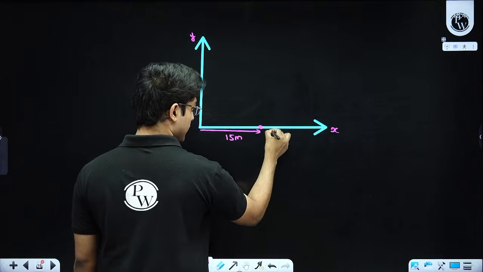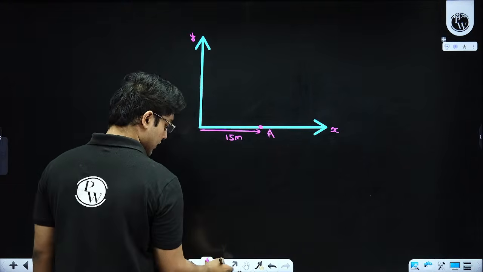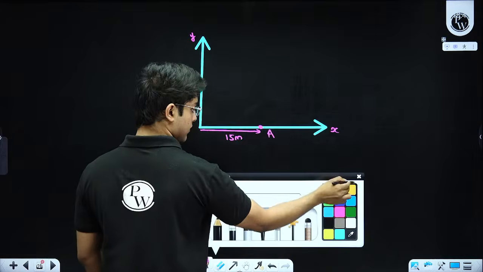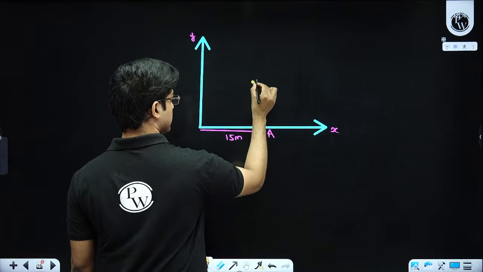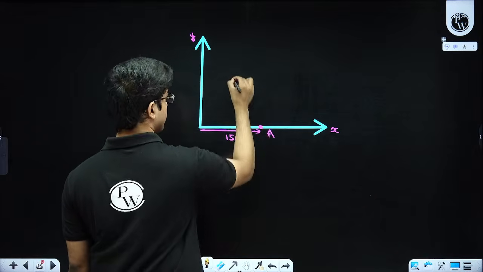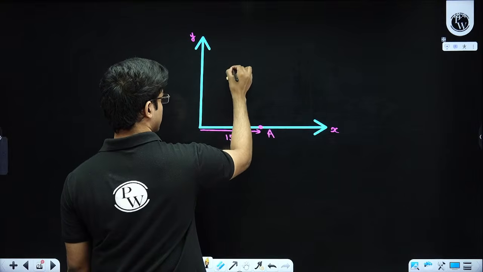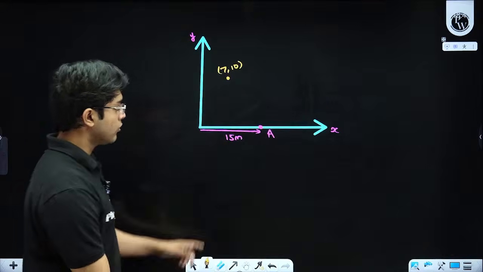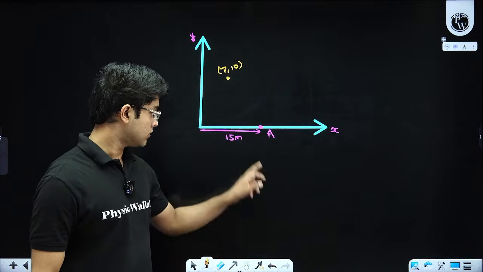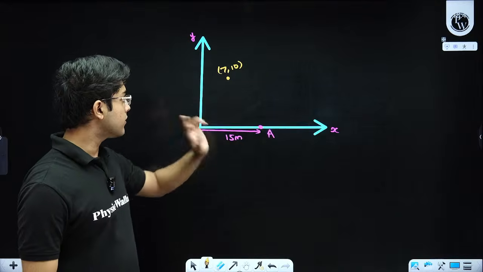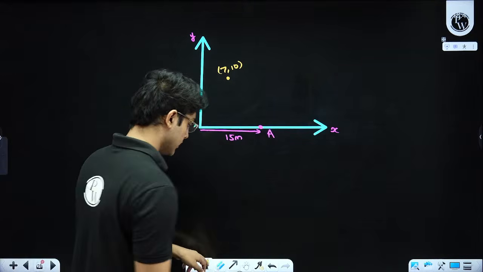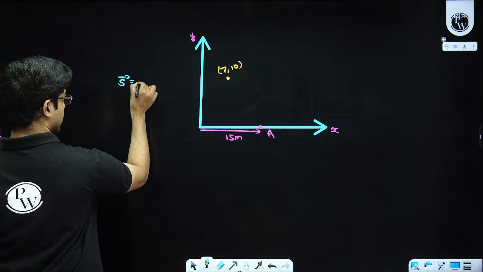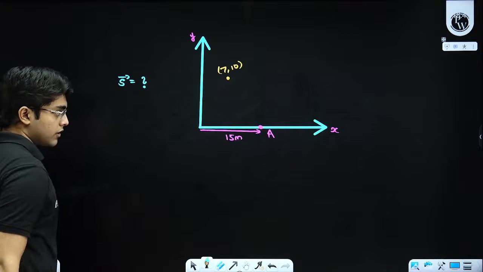This is the initial point A, and then it moved to another point, let's say somewhere over here, 7 comma 10, okay, moved to this point. So it went from 15 comma 0 to 7 comma 10. The question is, what is the displacement vector? Okay, so you have to find the displacement vector. Okay, so give it a try, guys.